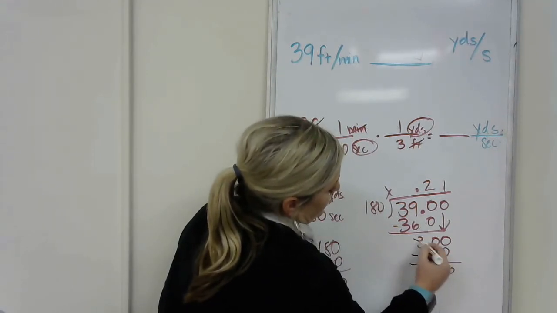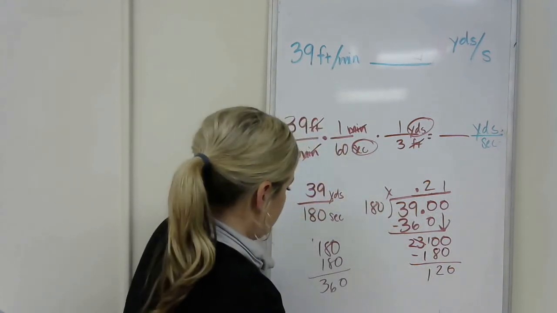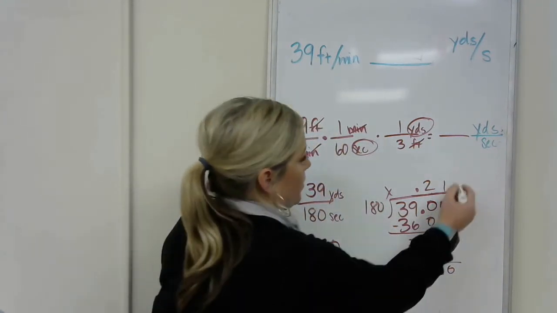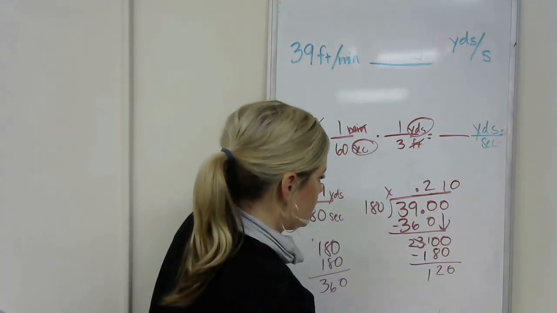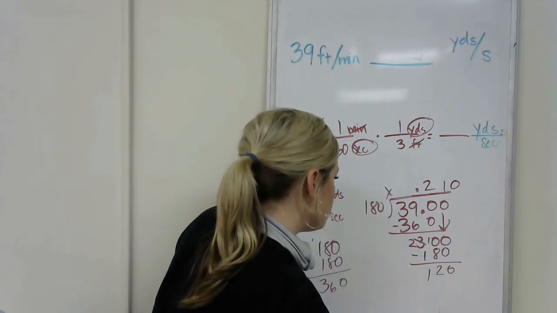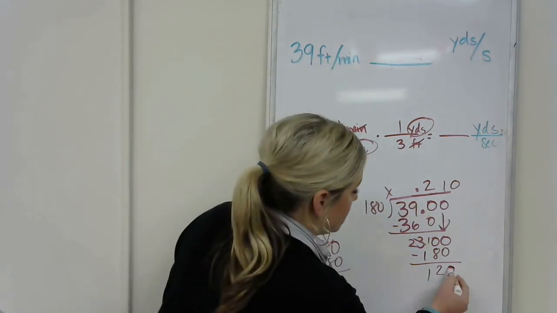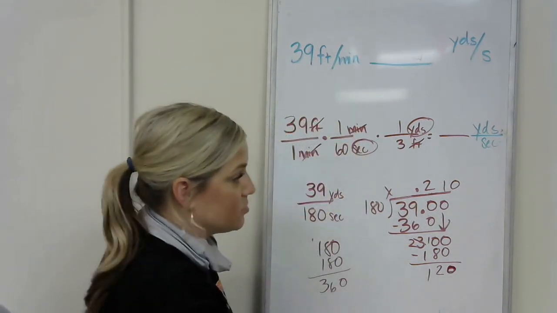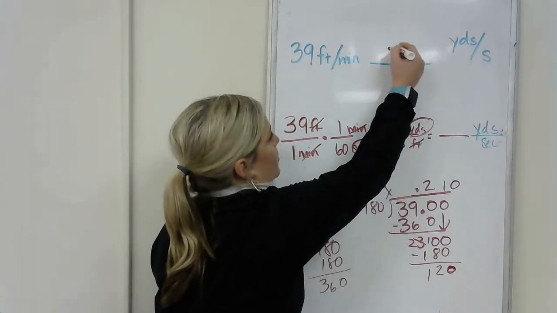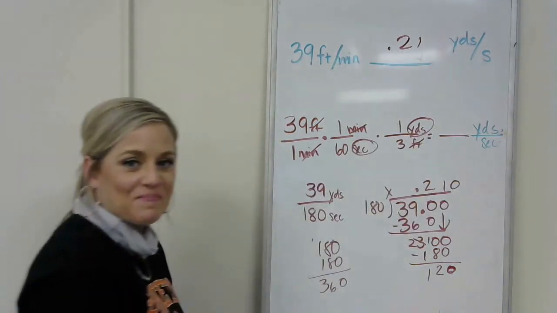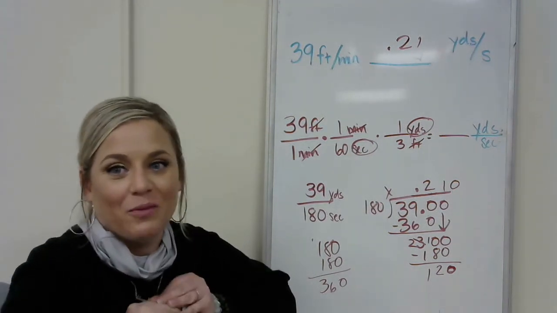We got 0, 2, 120. 360 won't go in there. I guess we just go 2 decimal places, and that would have to be 0.21 yards. Okay. Have any questions? Raise your hand. We are done with this lesson.